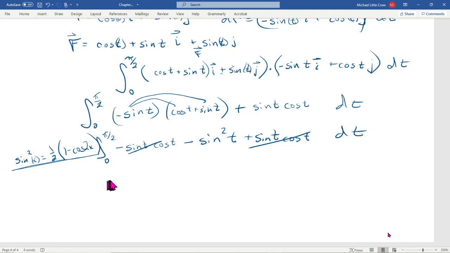Okay, so now what we have is the integral going from 0 to pi over 2. We'll put the 1/2 out front, and that's negative, so negative 1/2 times 1 minus cosine of 2t. So that's what we need to integrate, dt.